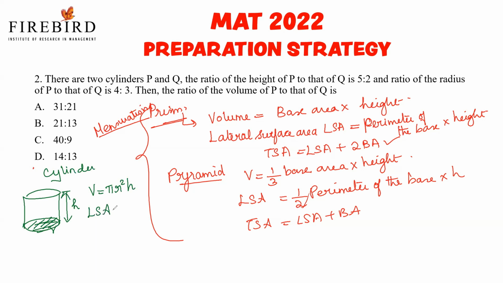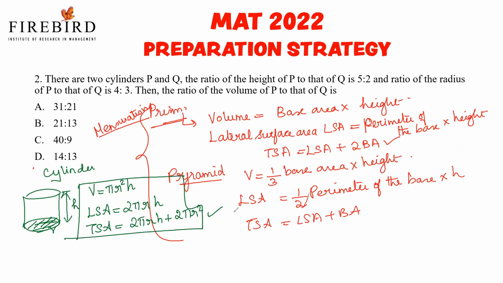And when it comes to lateral surface area, perimeter of the base, here the perimeter is 2 pi r into height h. And its total surface area is nothing but lateral surface area plus 2 times of base area, 2 pi r square. Okay, so this is the formula for cylinder.